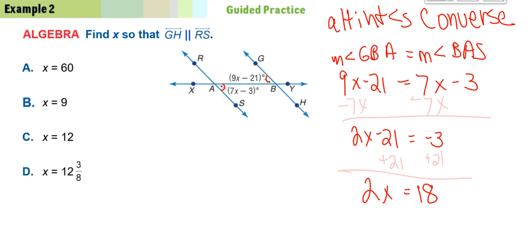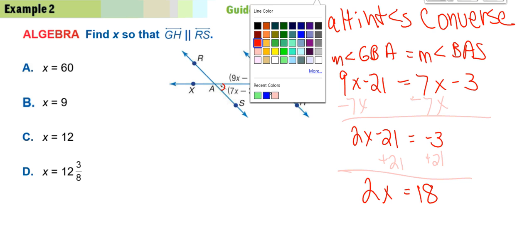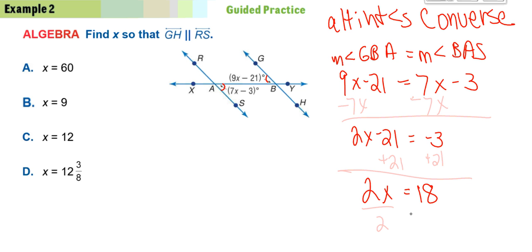Then I'm going to divide by 2 on both sides, and I get x equals 9. So for number 2, the answer is x equals 9.